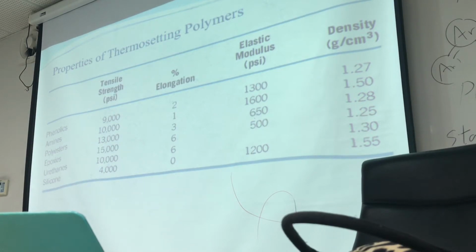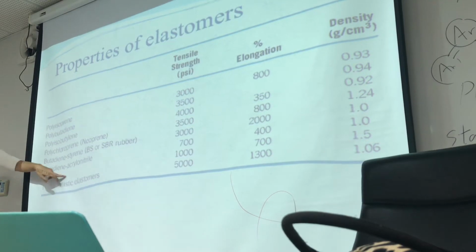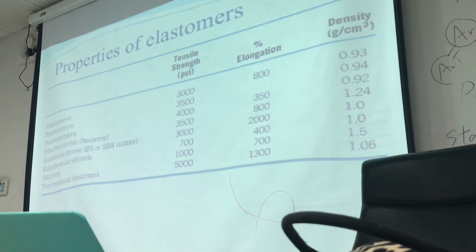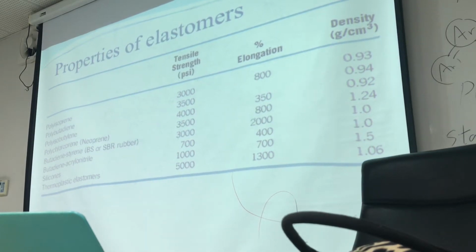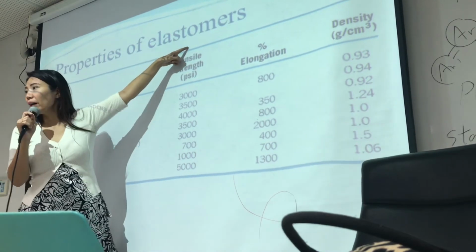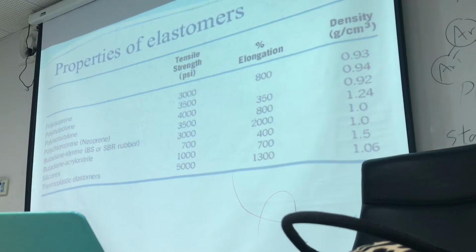Silicone is like thermoset, and you know what? Certain kind of silicone can be engineered and make it elongated, and we get the elastomer. So some silicone can be elongated. If you take a look here, elongation in elastomer or rubber is like hundreds or 1,000%.